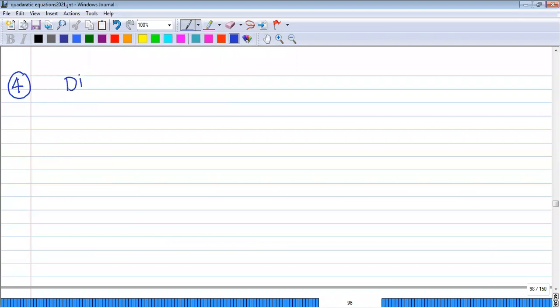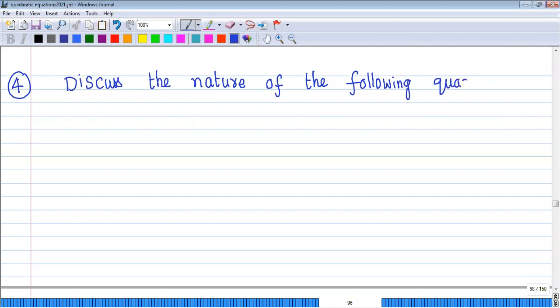Discuss the nature of the following quadratic equations without finding roots.